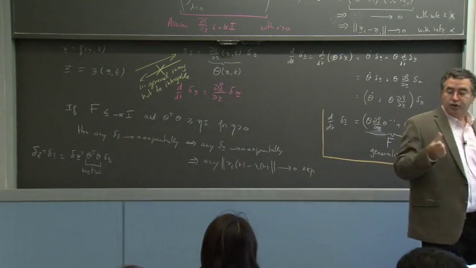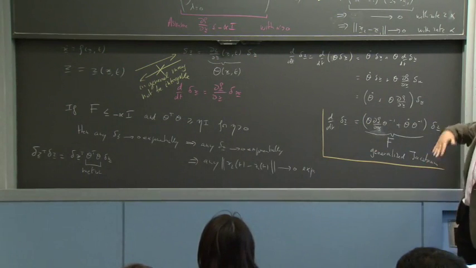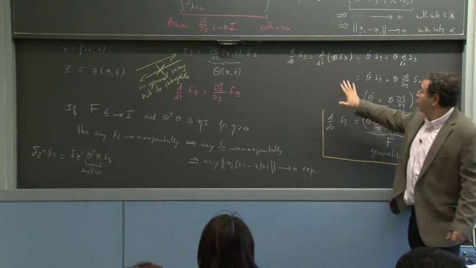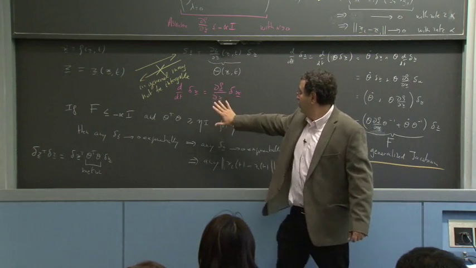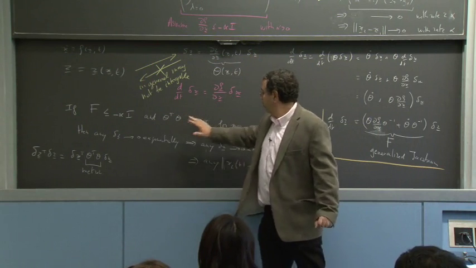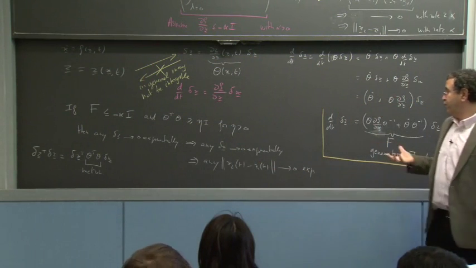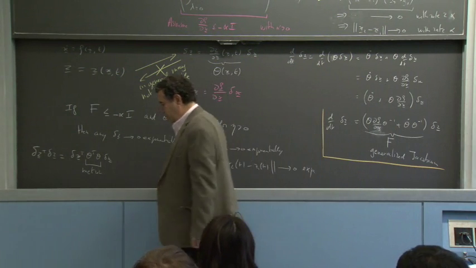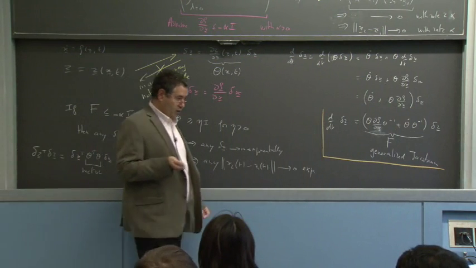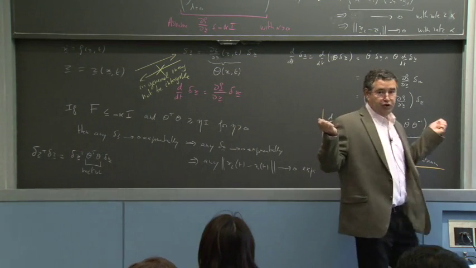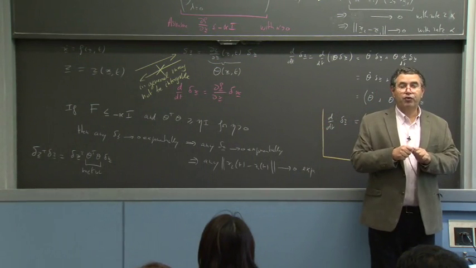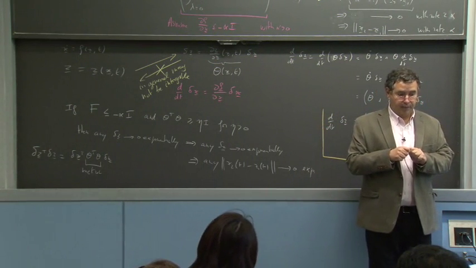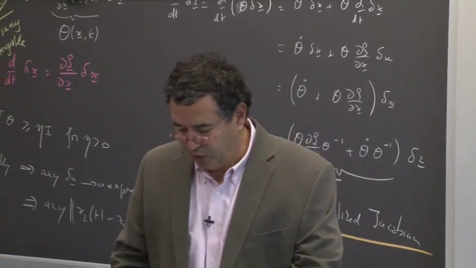And by doing so, we get a very broad result, which says that if there exists a metric such that the corresponding generalized Jacobian is uniformly negative definite, then any two trajectories of the system will tend together exponentially fast. We'll see simple applications of this next time.